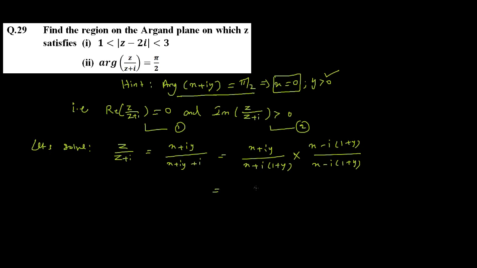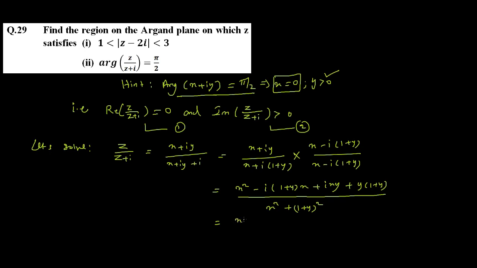in the numerator, if you are multiplying x into x, this is x square. This is minus iota into 1 plus y into x plus iota xy. This will become plus y into 1 plus y divided by x square plus 1 plus y whole square. Let's segregate the numerator.